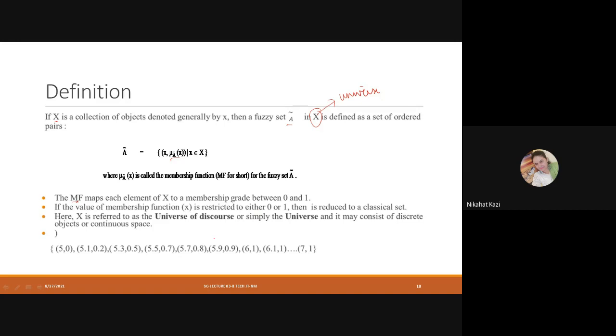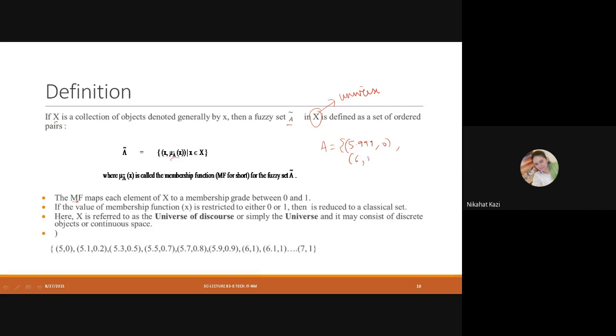For example, consider the set of tall people. If I use a classical set notation, then 5.999 was not tall, so I give the membership value 0. Then I start from 6.